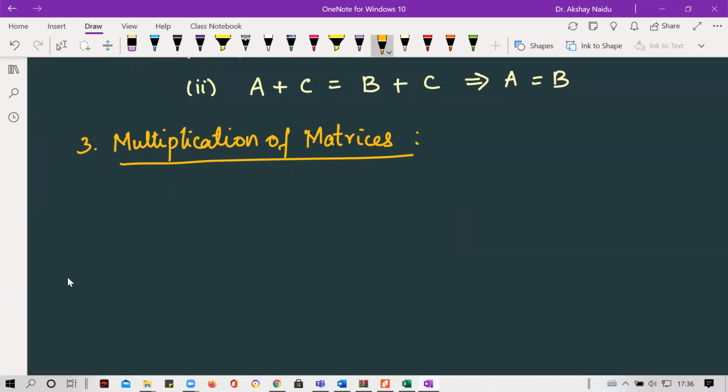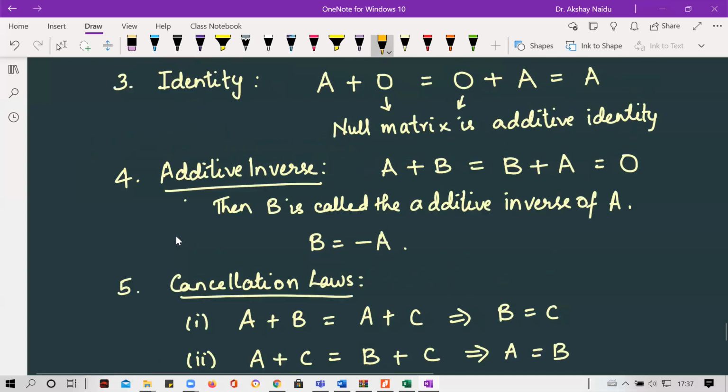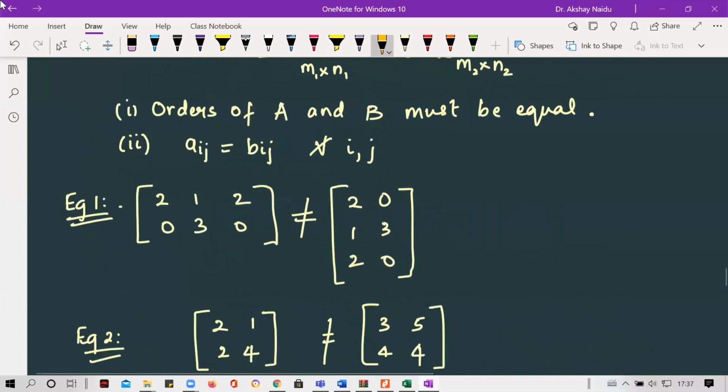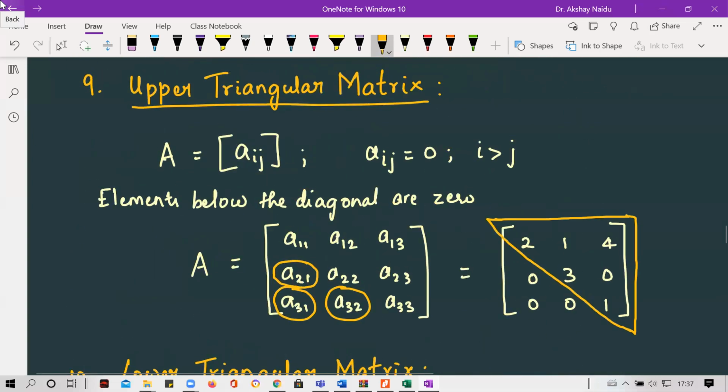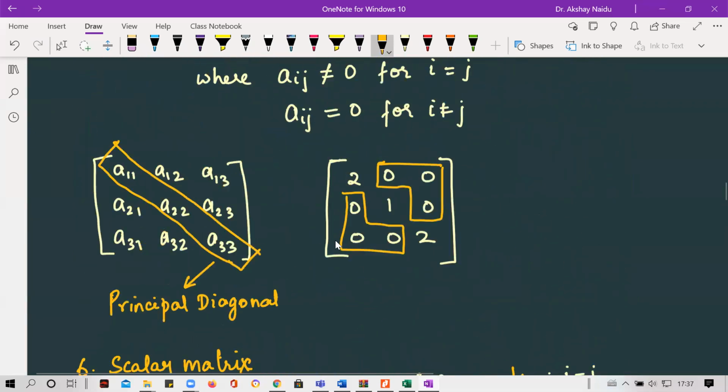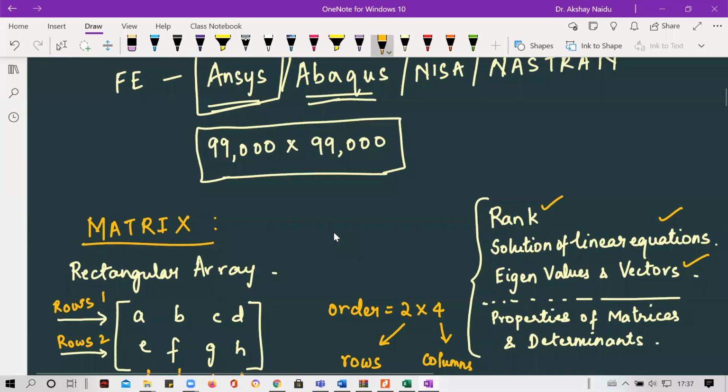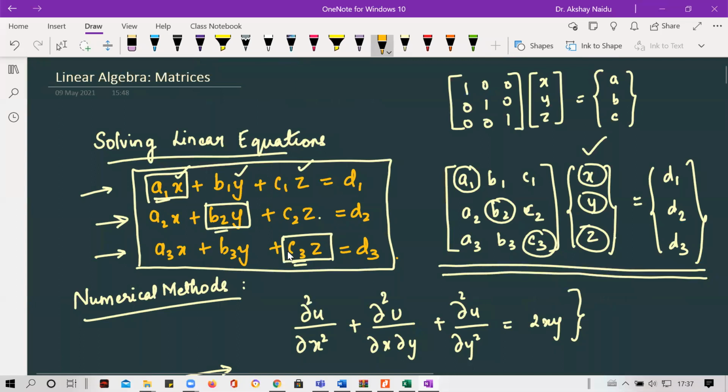The whole reason multiplication is defined the way it is defined is to accommodate the simultaneous equations which we discussed in the beginning of the class.